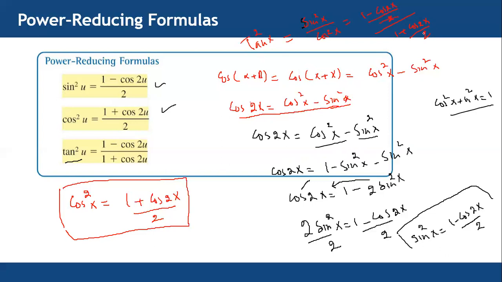The 2 cancels with the 2. Our result is 1 minus cosine 2x divided by 1 plus cosine 2x, which is this.